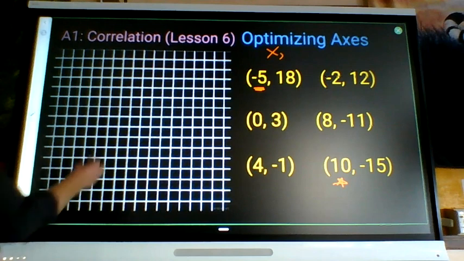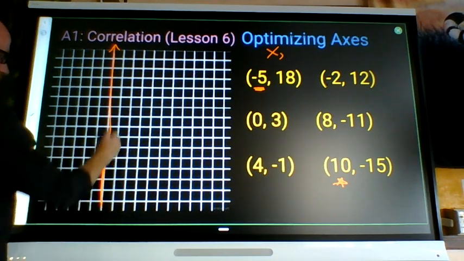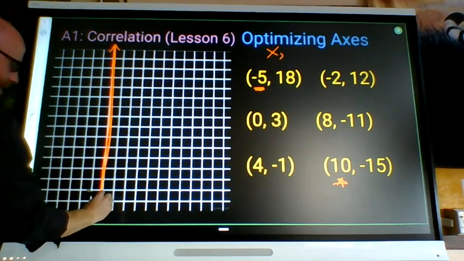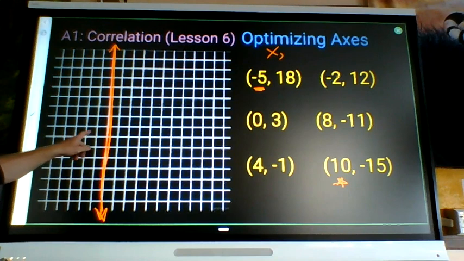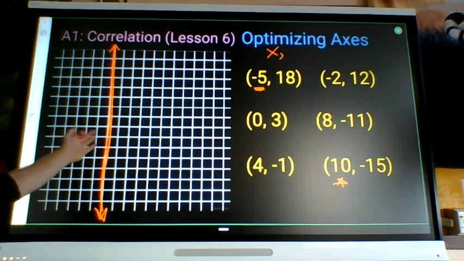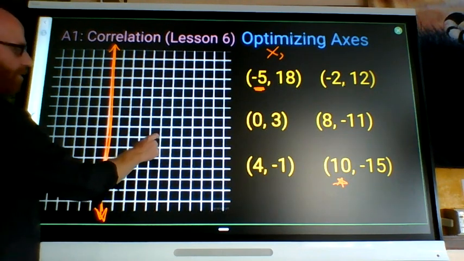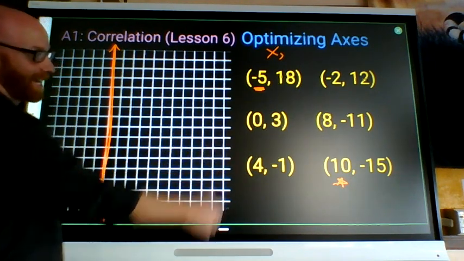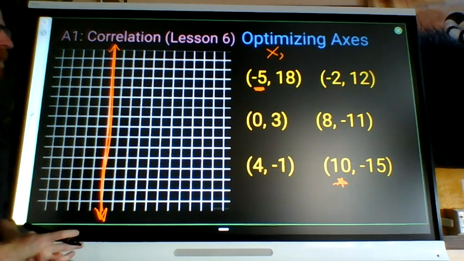If I put my y-axis off center, over here I'll be able to go -1, 2, 3, 4, 5, and in the other direction I'll also be able to do 1, 2, 3, 4, 5, 6, 7, 8, 9, 10. So I'll be able to fit all of the data in my x direction.